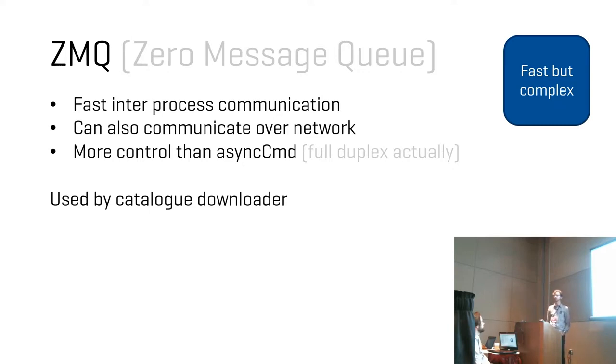And I haven't worked with it myself, so I can't tell you exactly how much, but there's definitely some work there. But for a more critical system in your extension, it might be good to have the speed and all the features you need from this, instead of the async CMD, which is really primitive.